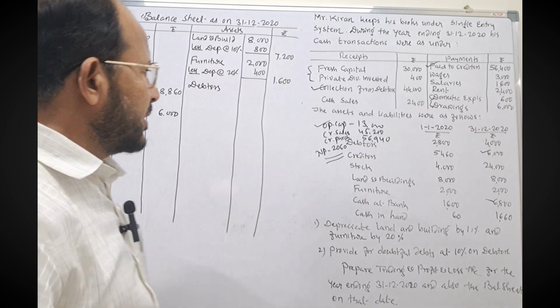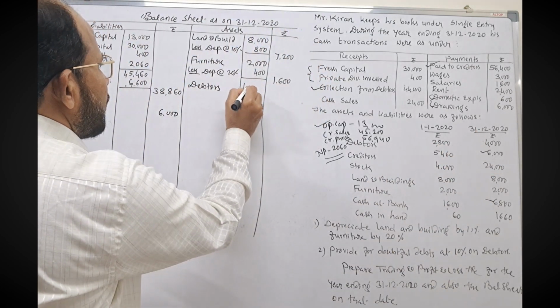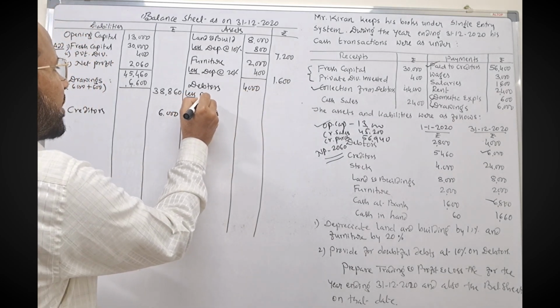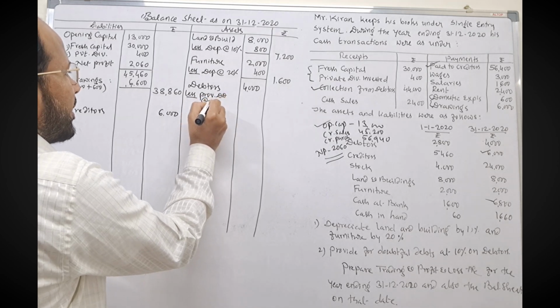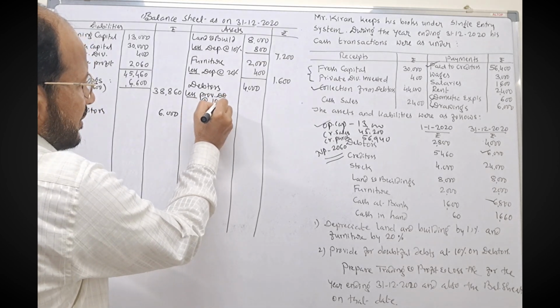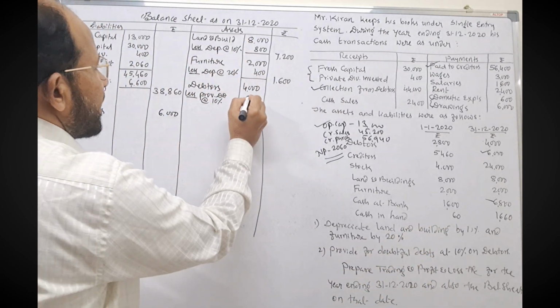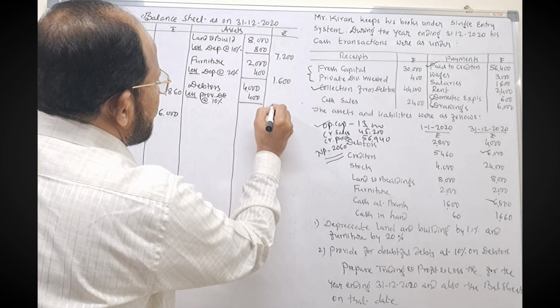Closing debtors 4000. From this we have to deduct less provision for doubtful debts at 10%. 10% of 4000 comes to rupees 400. You show the amount to the outer column, rupees 3600.